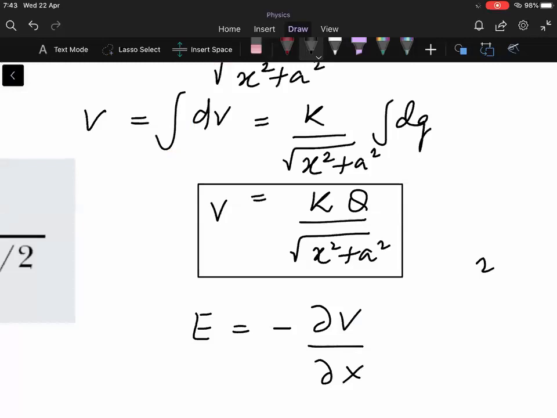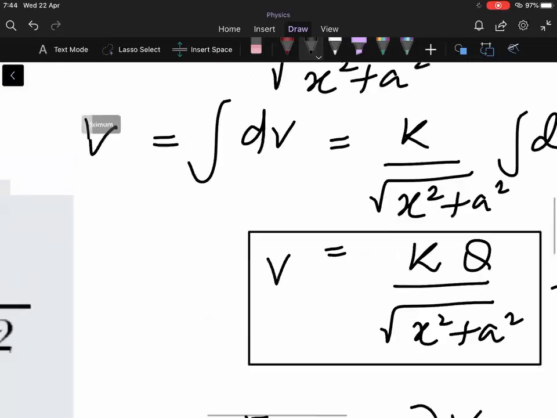That means you differentiate this partially with respect to x. Logically, there is no sense in differentiating in a direction which is perpendicular to the axis. We want electric field along the axis. By symmetry, we know that electric field will be only along the axis. So we will differentiate it with respect to the axis.